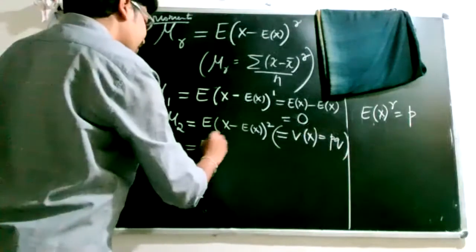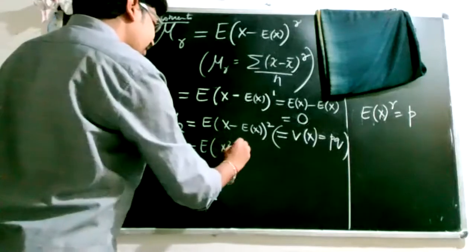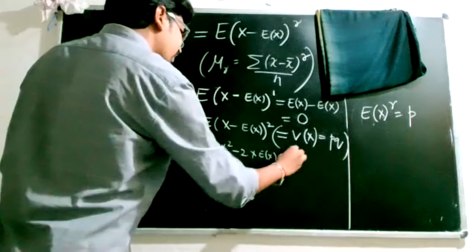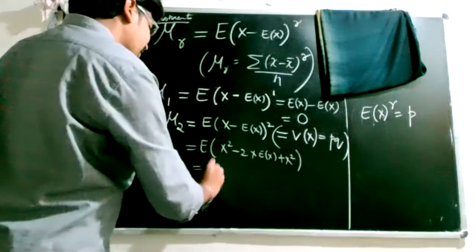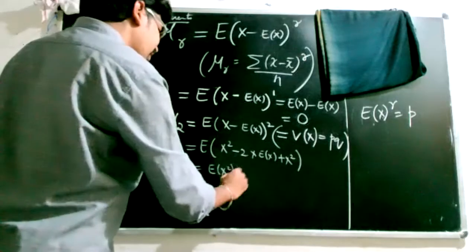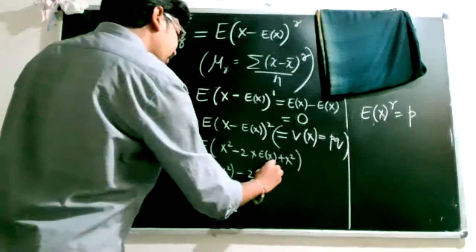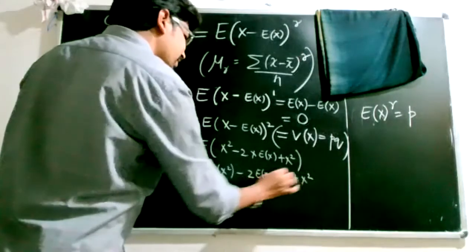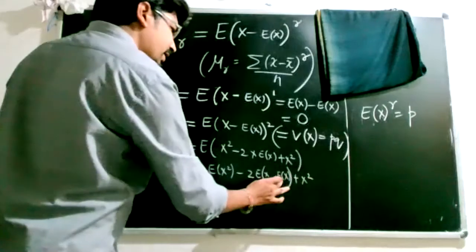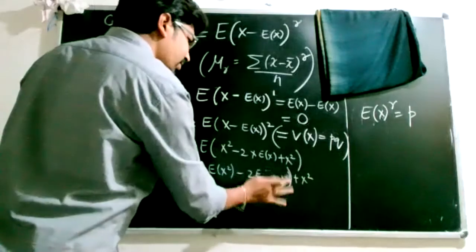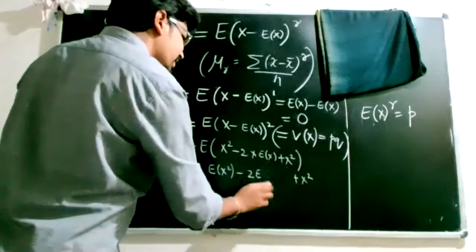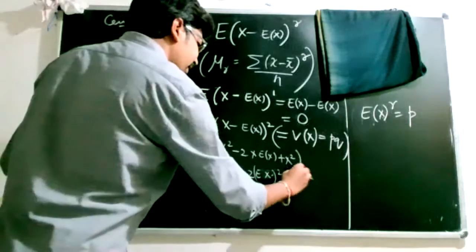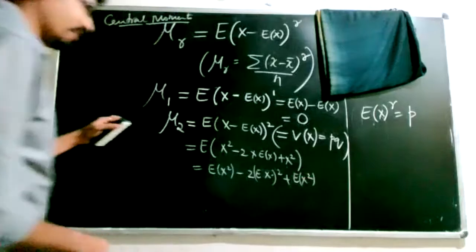You will have expectation of a minus b whole square, a square minus 2ab plus b square. Now send your e inside, so you get e of x square minus 2 e of x into e of x plus e of x whole square. Since e of x is a constant, you can take it outside, so it becomes e of x into e of x, which is e of x whole square, and again you will have e of x square.